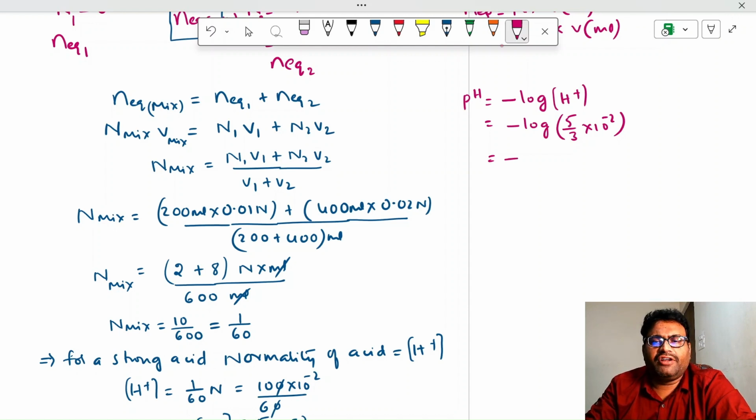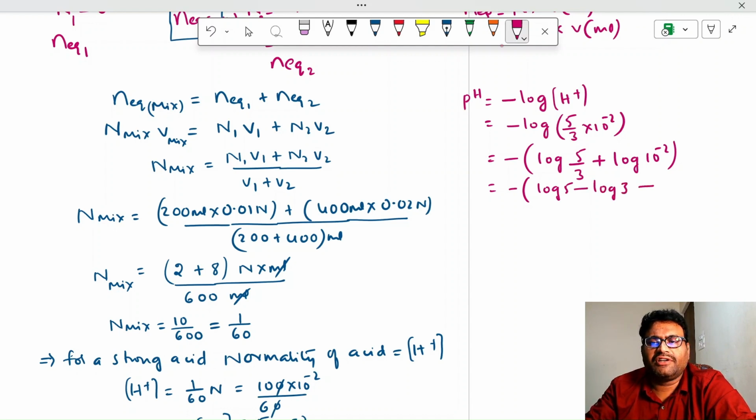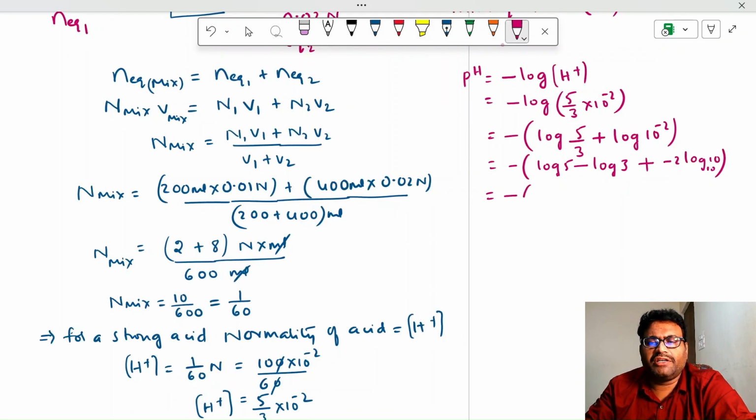So minus of, okay. Then what do you get? Log A plus B is equal to log A. Log A into B is equal to log A plus log B. So log 5 minus log 3 minus plus minus 2 log 10 base 10 equal to minus log 5 is equal to 0.7, minus log 3 is equal to 0.4771.